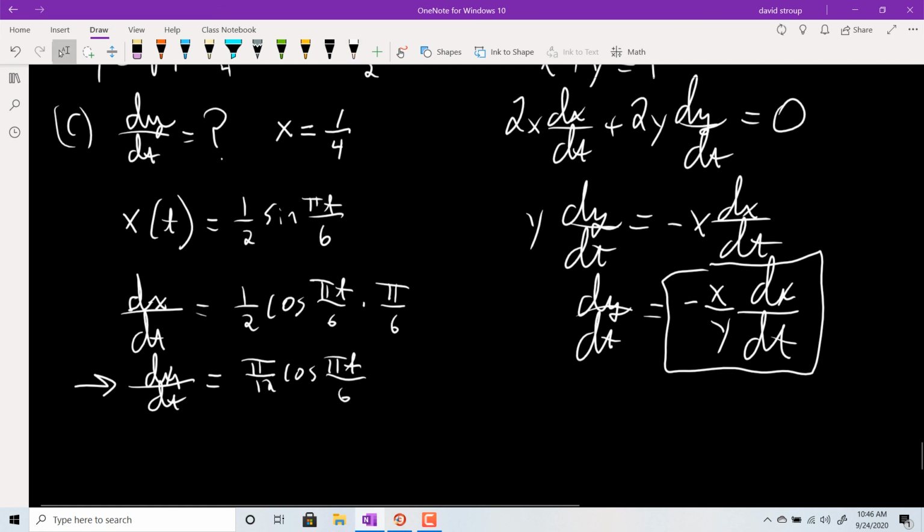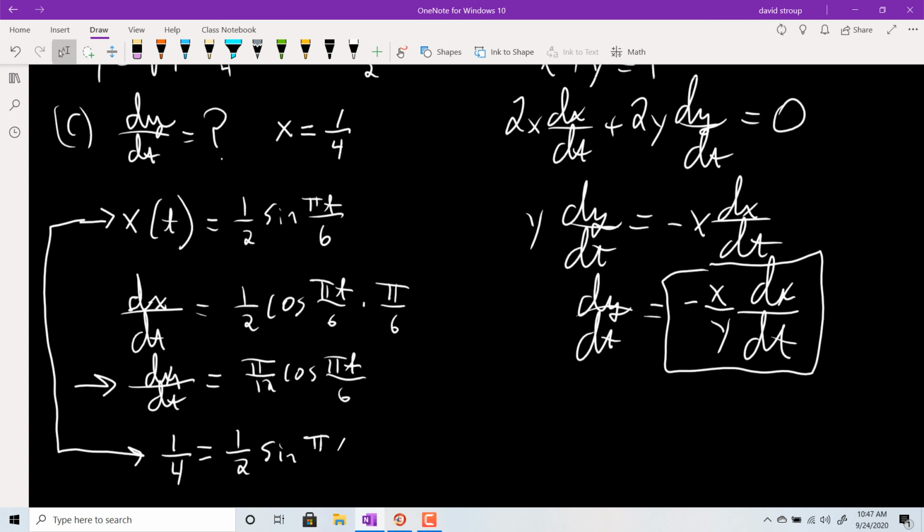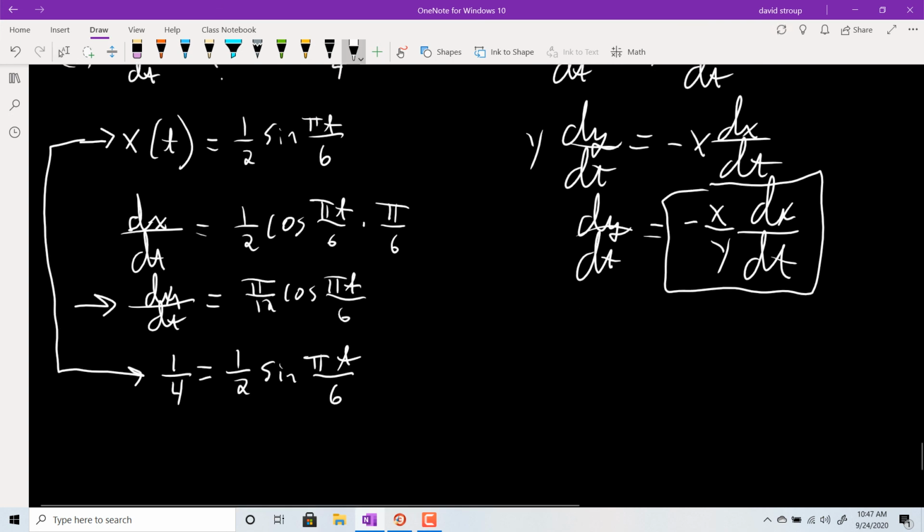So I'm going to use this formula now to solve that issue. I have 1/4 equals 1/2 sine of pi t over 6. Multiply both sides by 2. I get 1/2 is sine of pi t over 6.